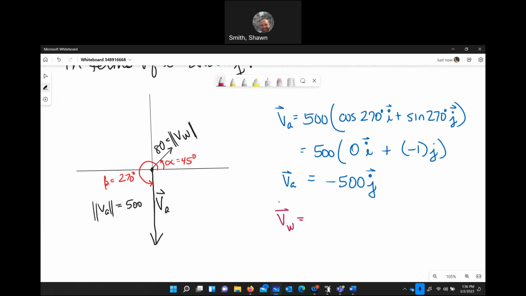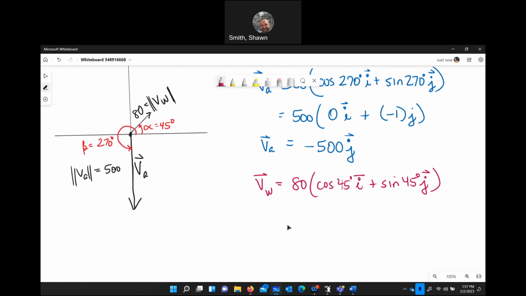Do the same thing we just did. Magnitude is 80, times the cosine of 45 degrees times vector i, plus the sine of 45 degrees times vector j. Evaluate those. Sine and cosine of 45 are both, yep, square root of 2 over 2.